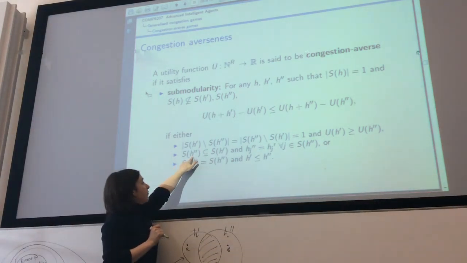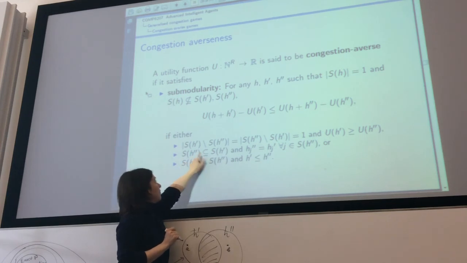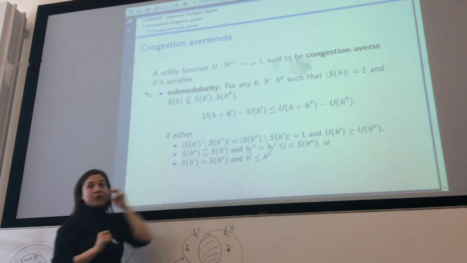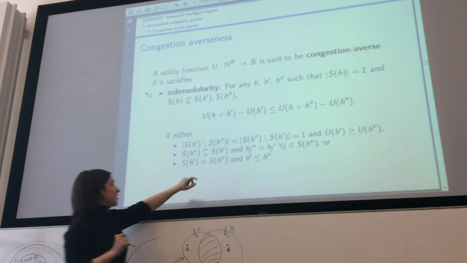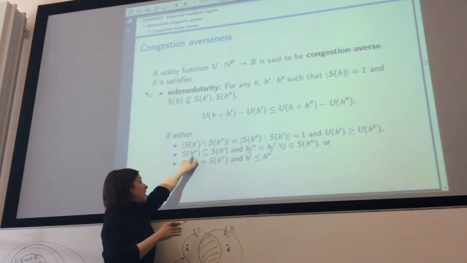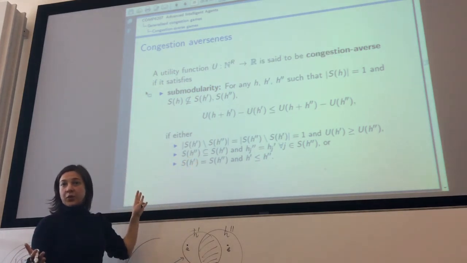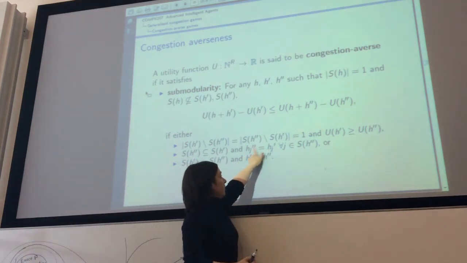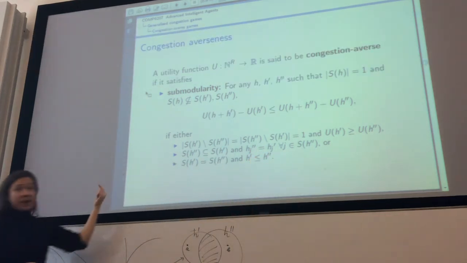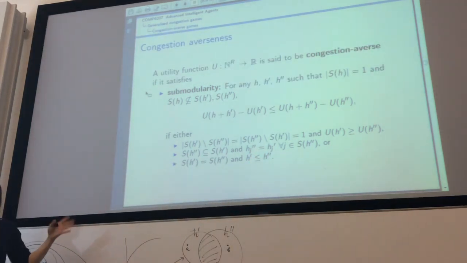Now if the support of H double prime is contained in the support of H prime, that means that here I use the same resources as there but also some others. The congestion on each resource here is the same. Then also adding a resource to a larger strategy has less impact than adding a resource to a smaller strategy.